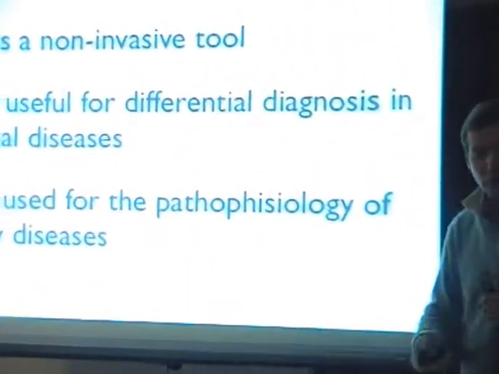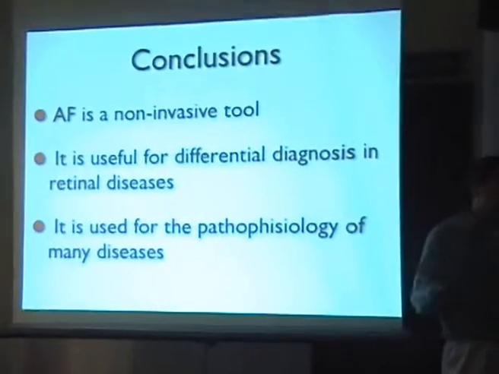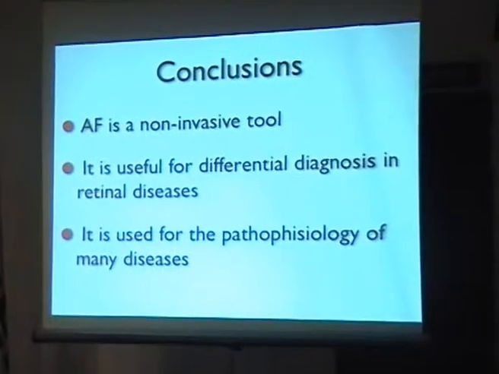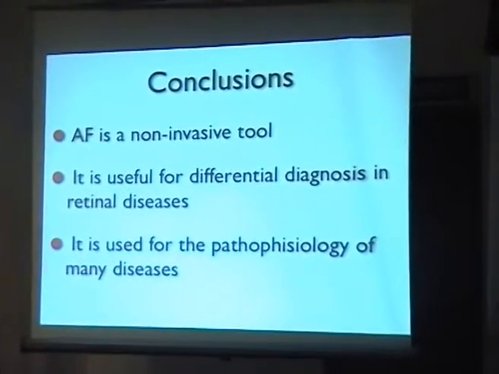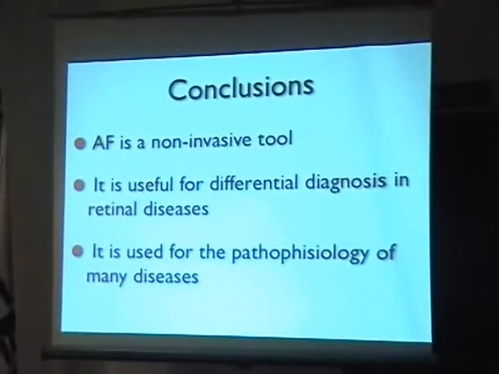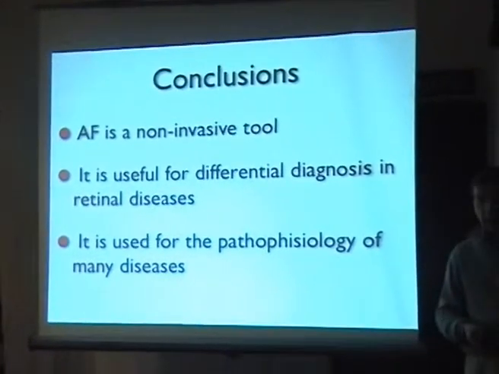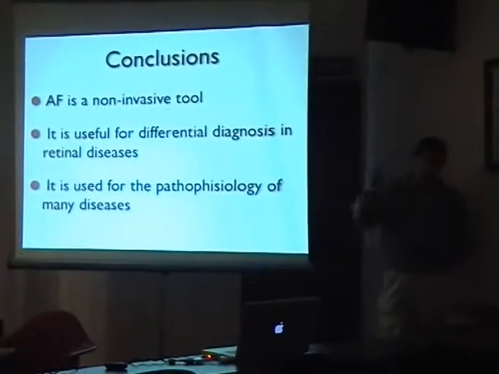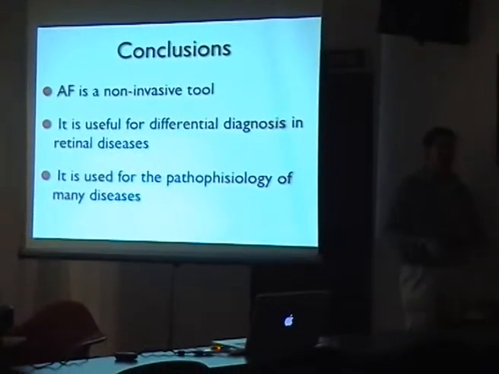So in conclusion, autofluorescence is a non-invasive tool. I think it's very useful for differential diagnosis, as it's not an invasive test, so you can do it without any injection. And right now it's also used for the pathophysiology of many diseases.